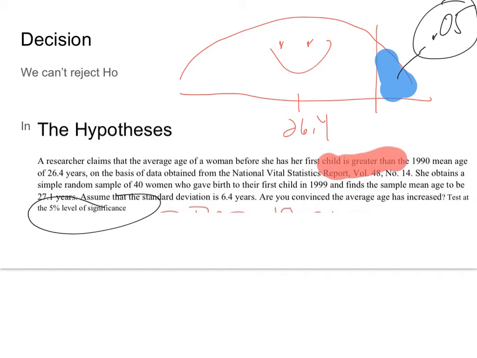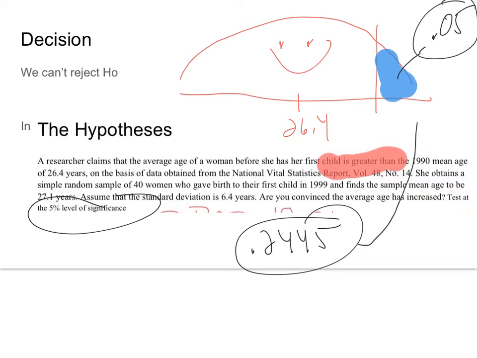And we know that our p-value was 0.2445 or something like that. Well, 0.2445 is not that small. If you think about that graph that the applet generated for us, it was way over here, and this area here was the 0.24.